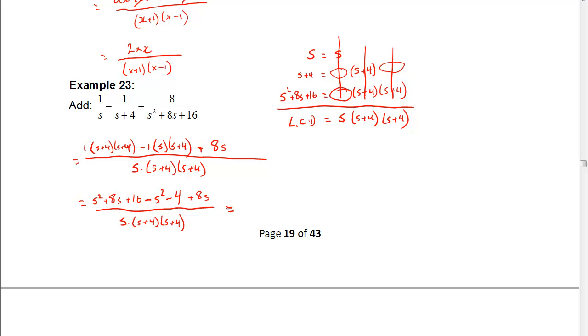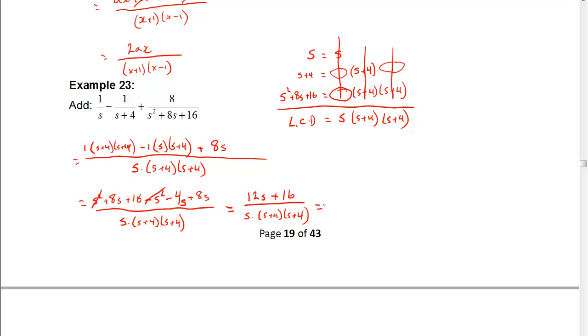And finally, we simplify the numerator. S squared minus s squared cancels. 8s minus 4s, this should have been, is 4s, plus 8s is 12s plus 16, all over s times s plus 4 times s plus 4.